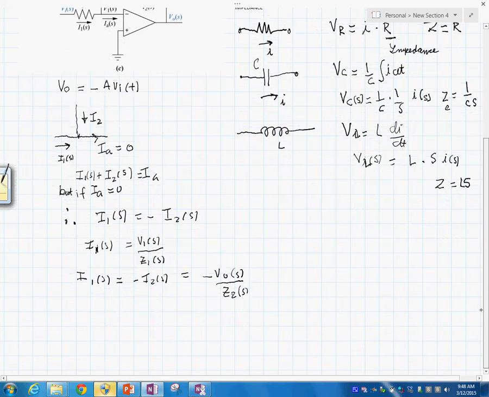Okay, once we have this, you understand that V1 of S over Z1 of S would be minus the output V of S divided by Z2.